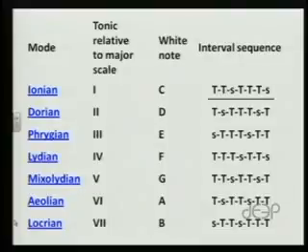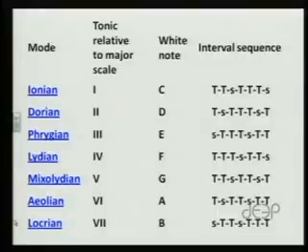The T's represent whole steps. The S's represent semitones or half steps. Okay, so T represents the word tone, or whole step, whole tone. So whole, whole, half, whole, whole, whole, half. And that's known as the Ionian mode, and we know that as the major scale.